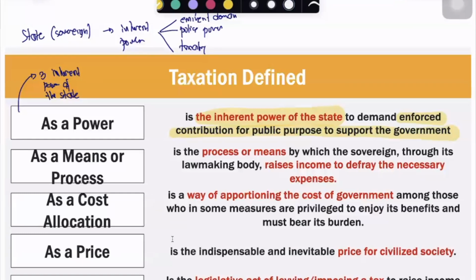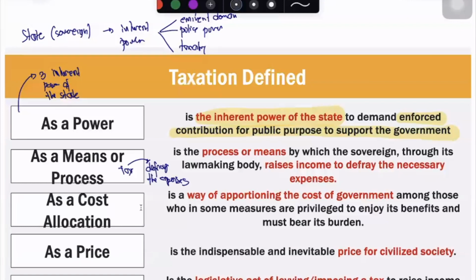So what we do here is that we impose tax, and that tax is used to defray the expenses of the government. So again, we are talking about the purpose of taxation. Once we impose the burden of taxation, we use that to defray our expenses.